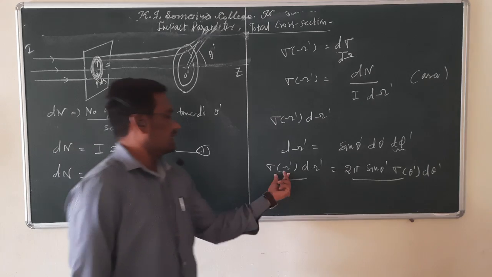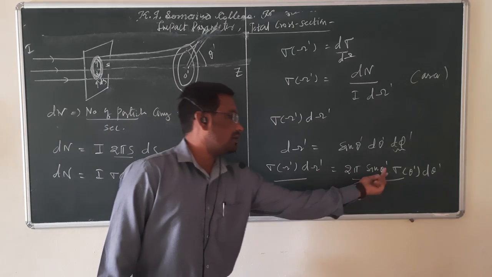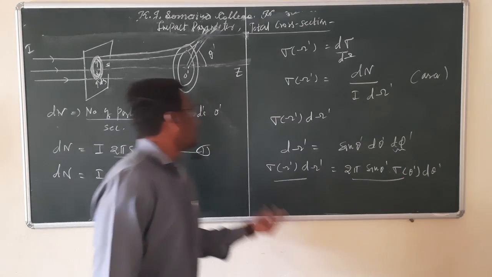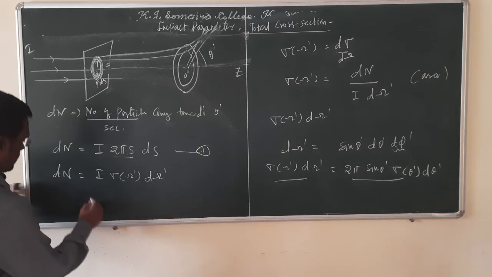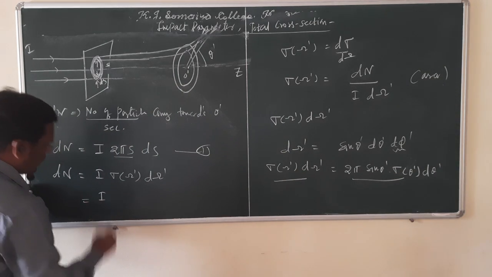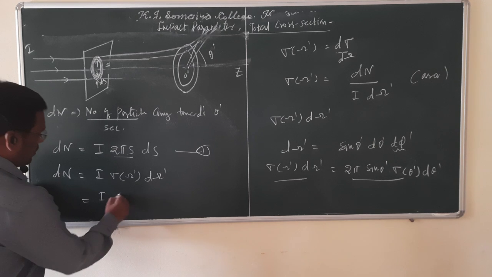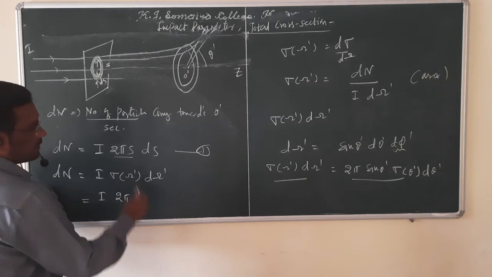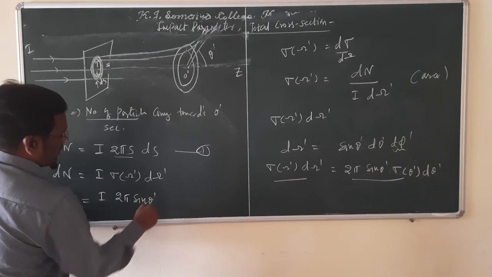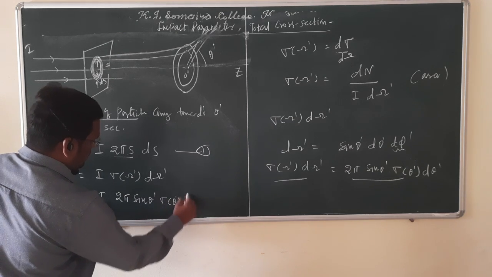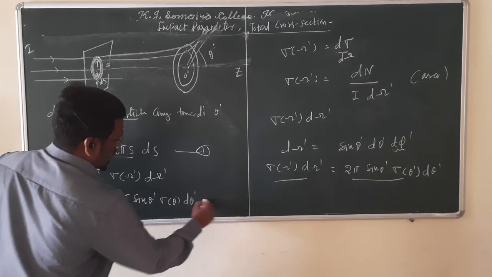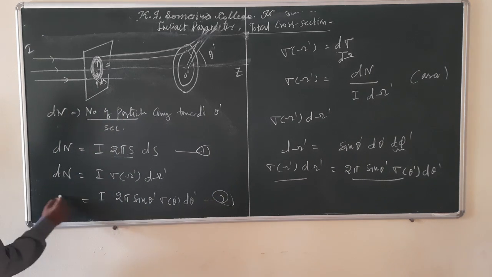But we can write sigma omega dash d omega dash in terms of theta, because here we have to use the notation theta, as I into 2 pi sine theta dash sigma theta dash d theta dash. Call that equation 2.